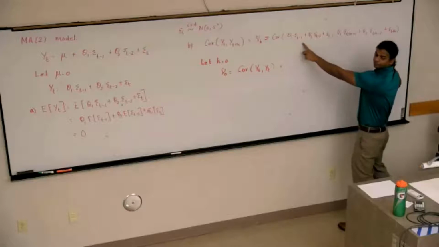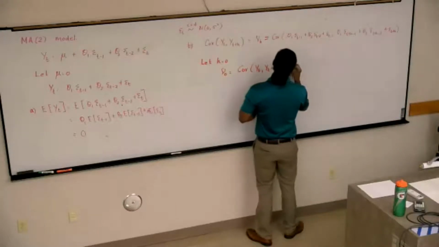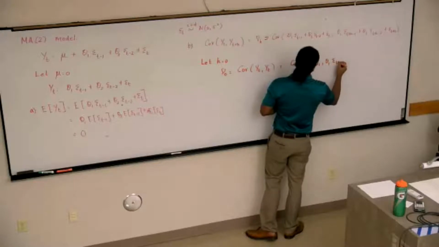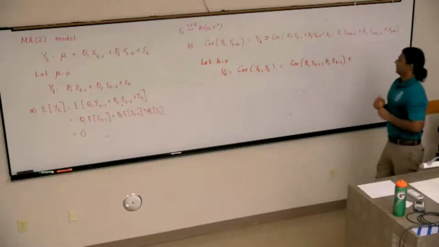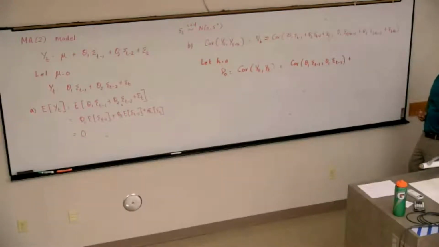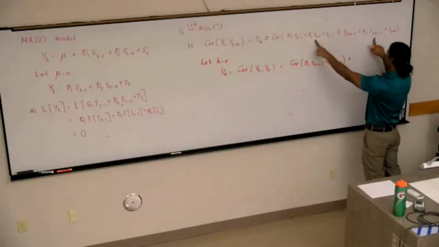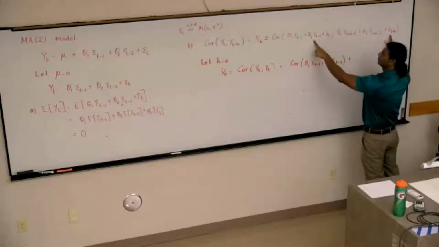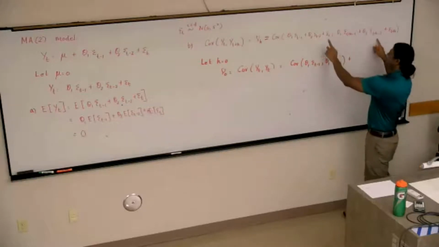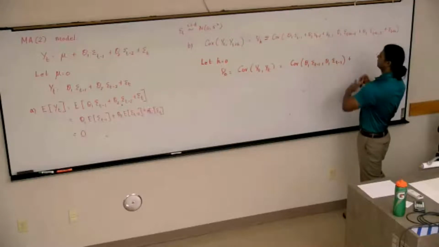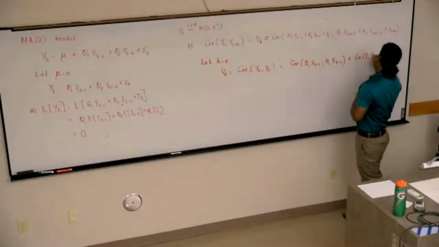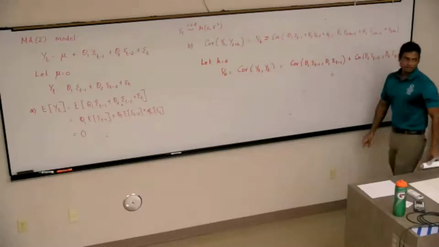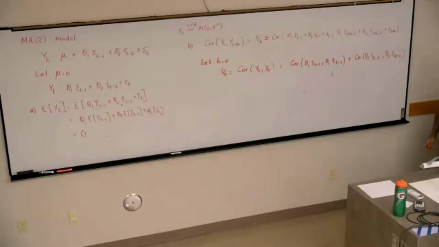So I will have the covariance of the first two terms, plus the covariance of theta 2 epsilon t minus 2 with theta 2 epsilon t minus 2, and then obviously the covariance of epsilon t with epsilon t.